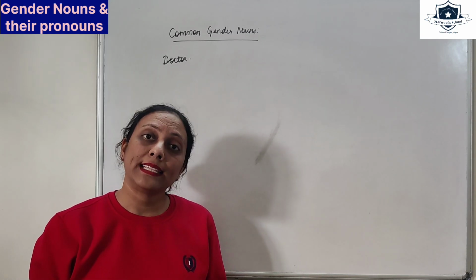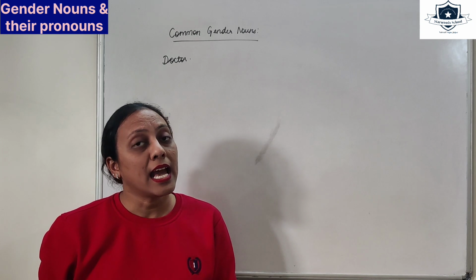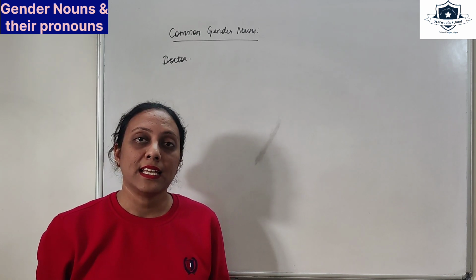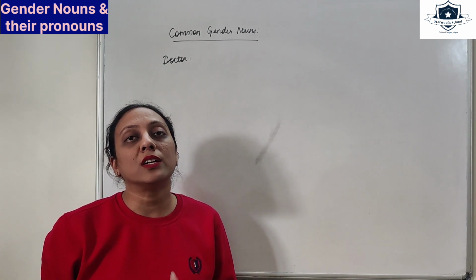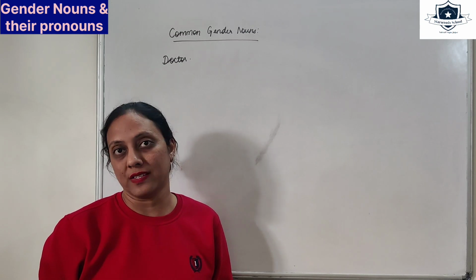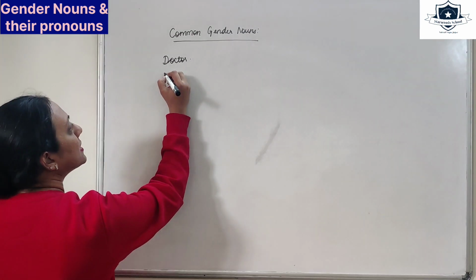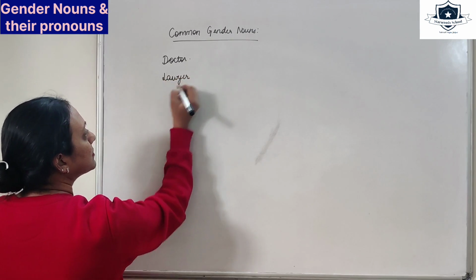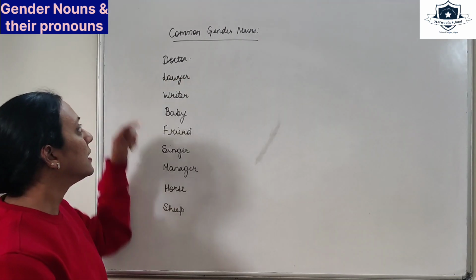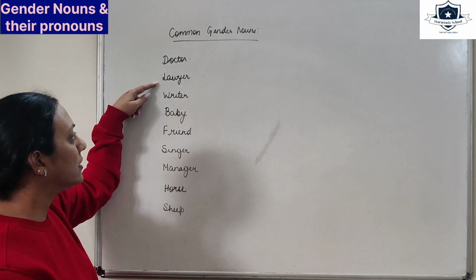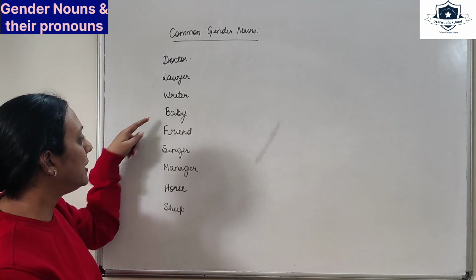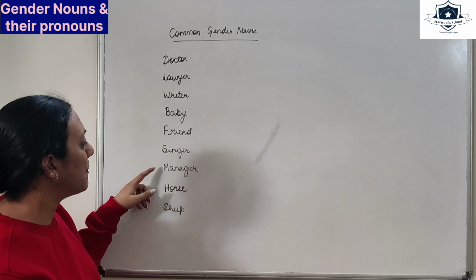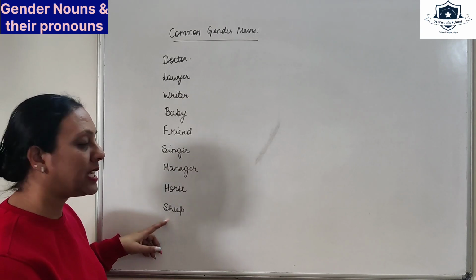क्या वो male थे, क्या वो female थे? आपने इसकी clarity नहीं दी. So this is a common gender word that is used in your conversation. Next is lawyer. These are few examples: doctor, lawyer, writer, baby, friend, singer, manager, horse, sheep.